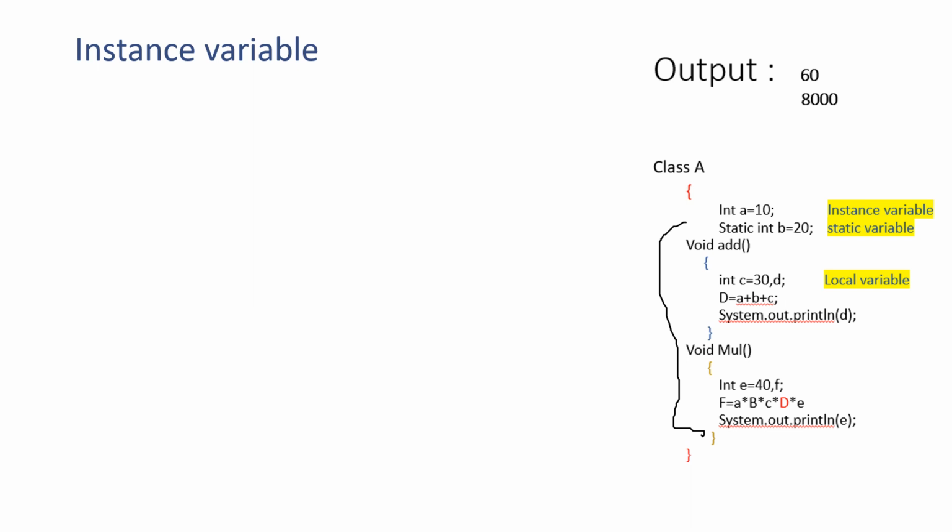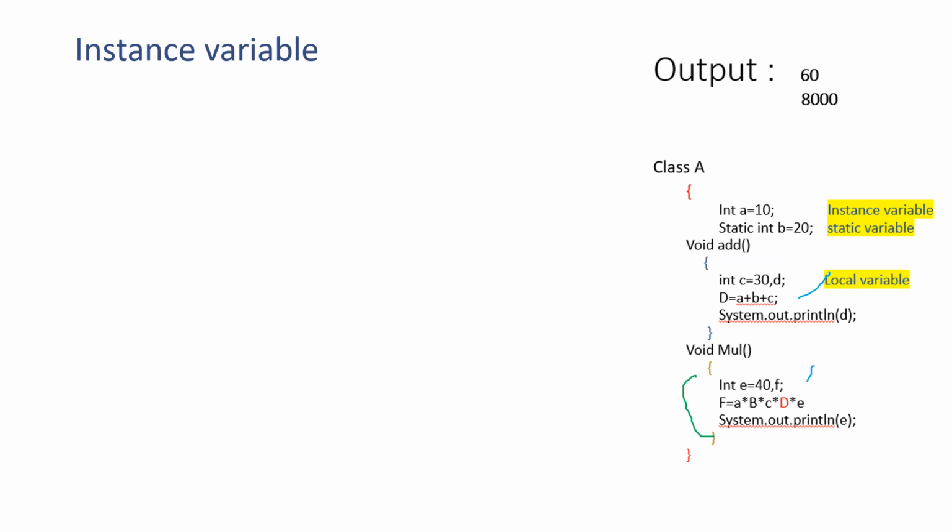This is one method and this is one more method. If these values can be taken from any method, so any method can take them, that's the concept of the instance variable. As I said, within a method is a local variable, and within a class is an instance variable.